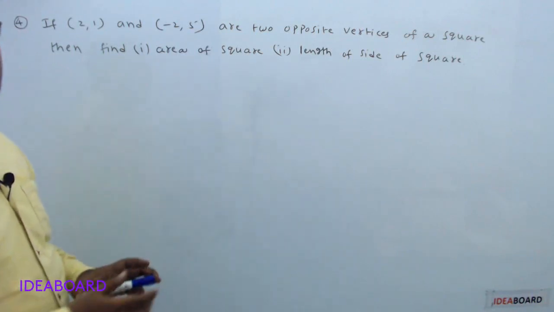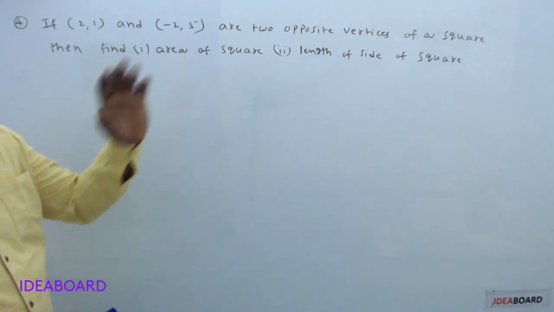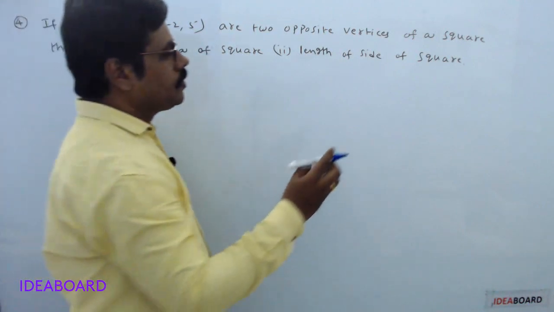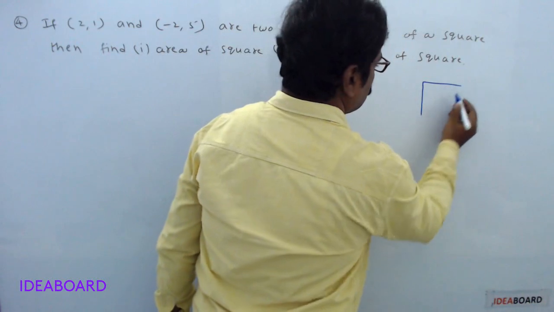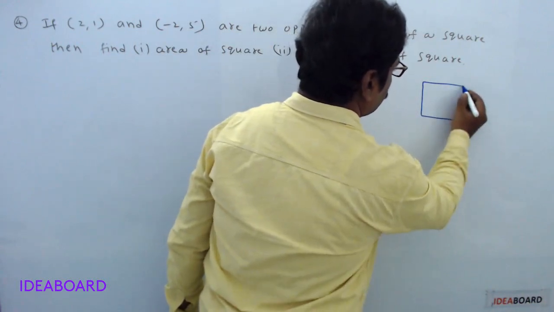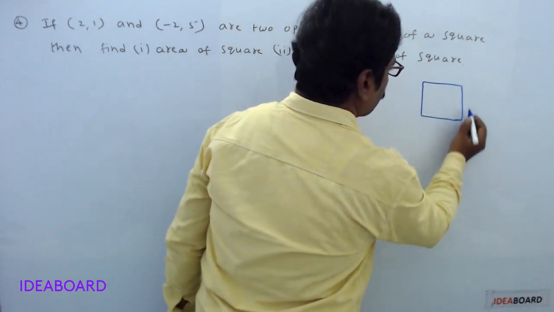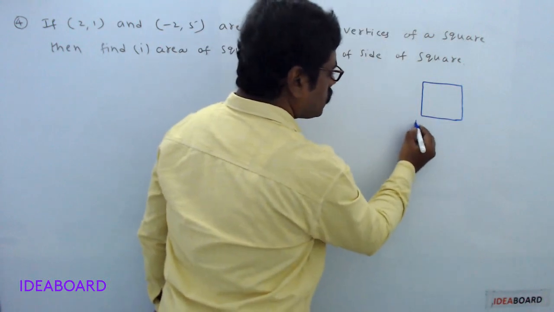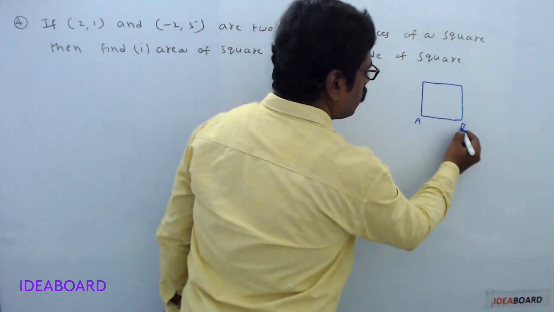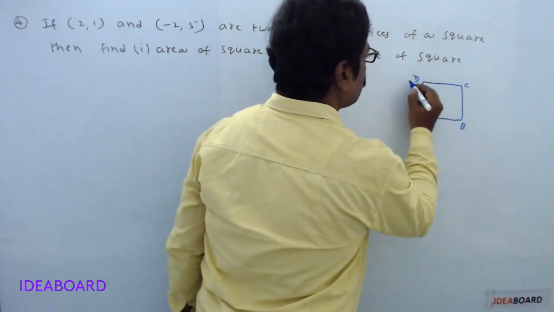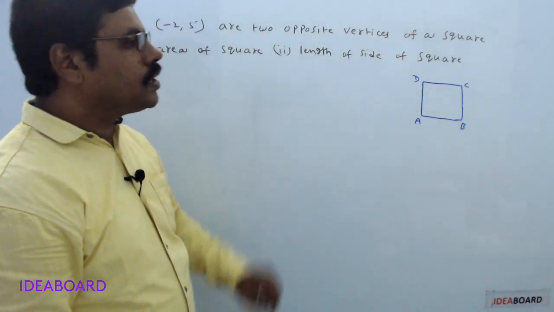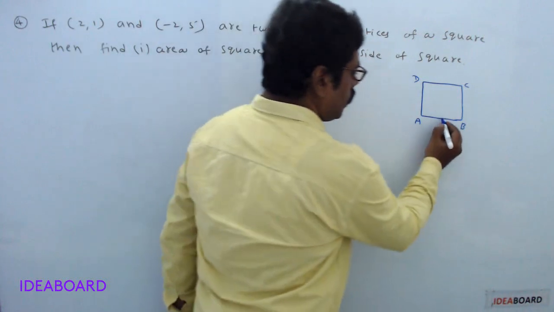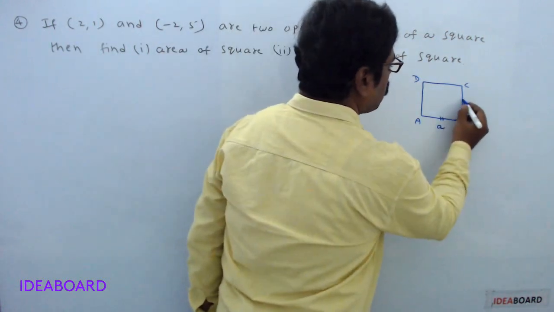First draw a rough diagram related to the given data. So take the square diagram. Suppose the vertices of the square are A, B, C and D. In a square, all sides are equal. Let the length of each side be a.